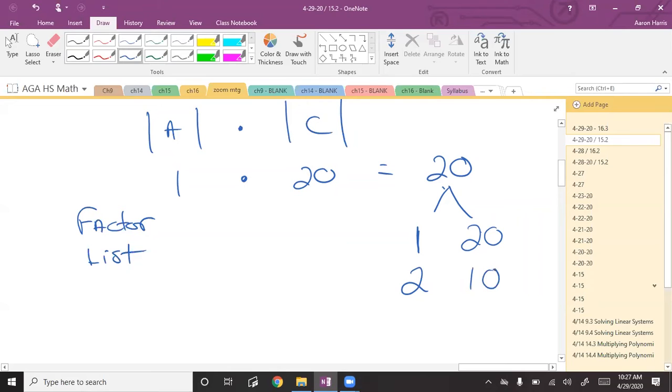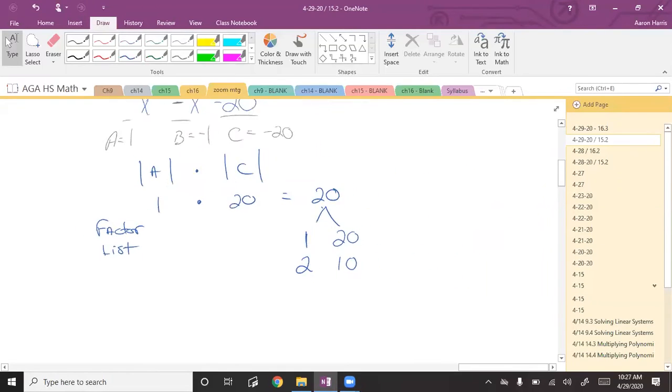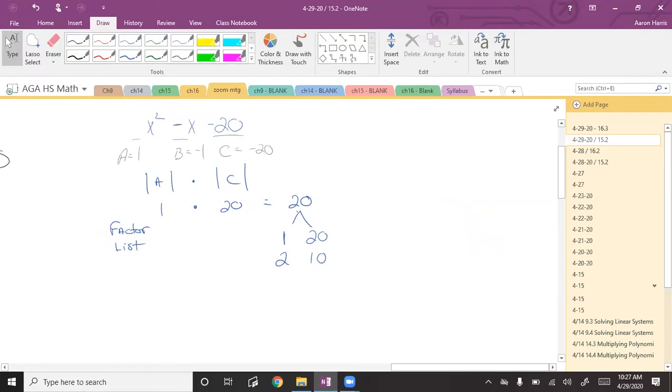So, in order for us to get this done, you have to be able to answer these questions so these kids don't get confused. Does that make sense? Sorry. 2 times what gets me to 20? 10. Good. Does 3 go into 20? No. 4?